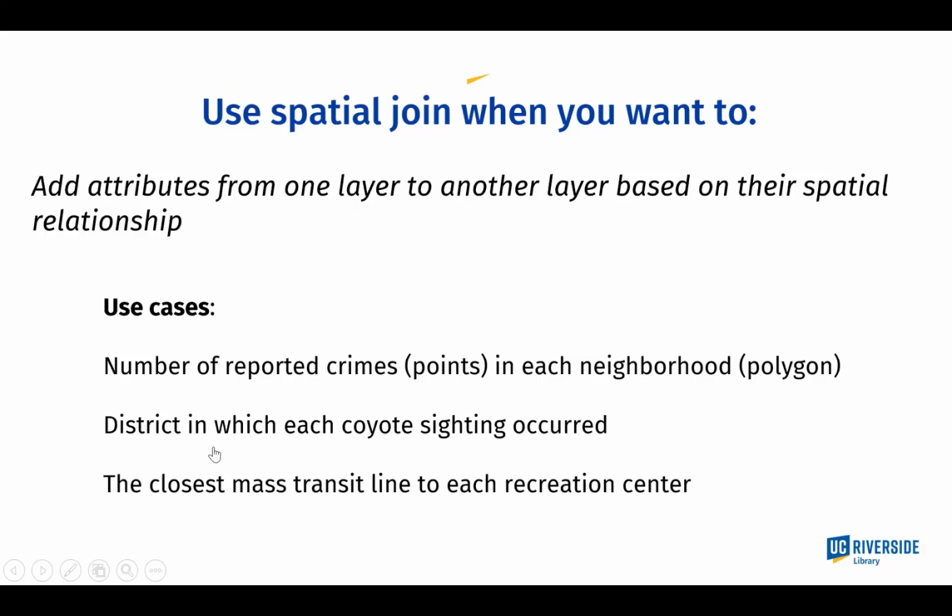For instance, if you had a table of information about recreation centers in a big city, and you had a line layer in your GIS that represented mass transit lines, you could set it up so that the identity of the closest mass transit line would be added to the table that has the recreation center data. So pretty cool stuff that you can do.